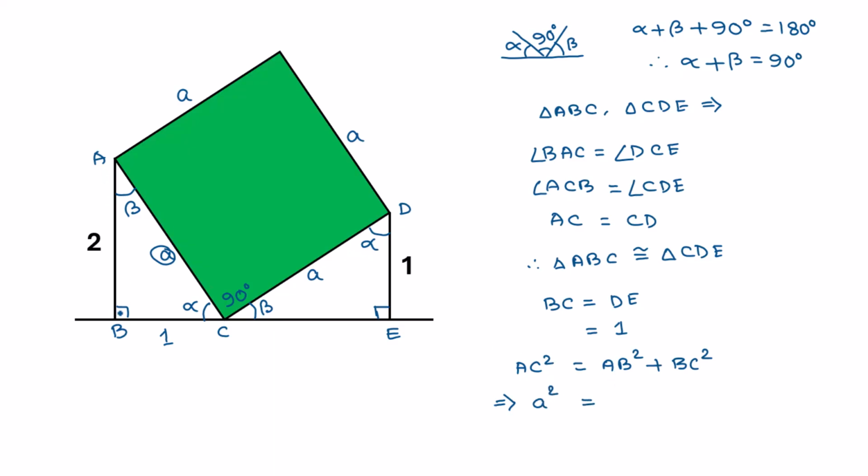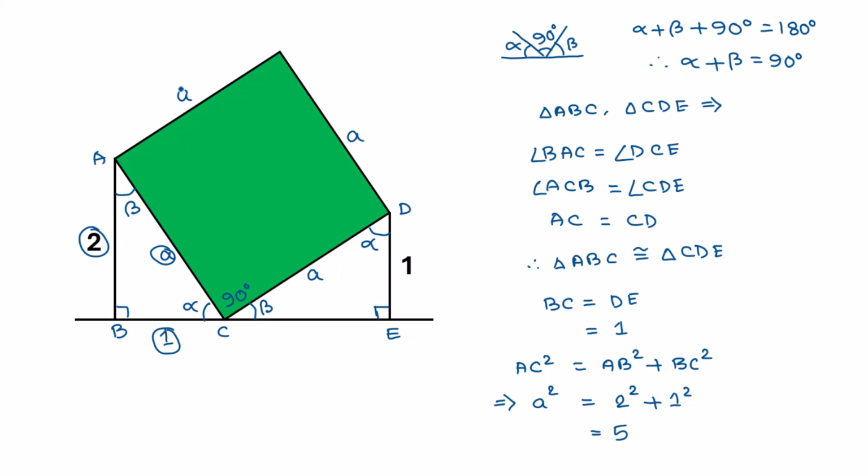The length of AB is 2 unit, so 2 square plus BC square, BC is 1 unit, so 1 square. 2 square is 4 plus 1 square is 1, so A square we can write as 5, because 4 plus 1 is 5.